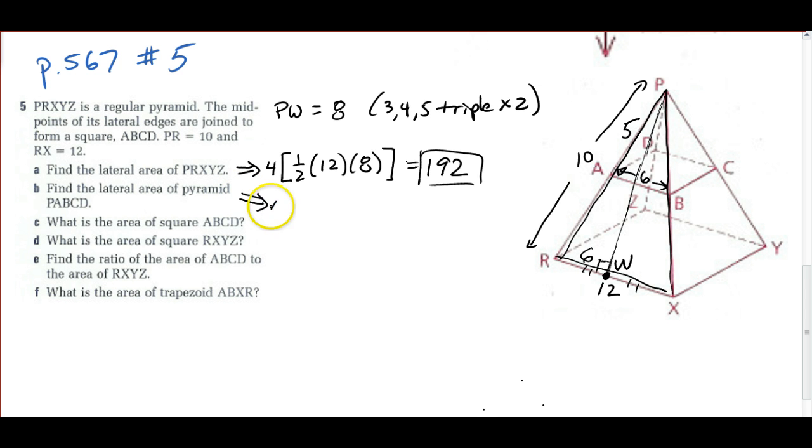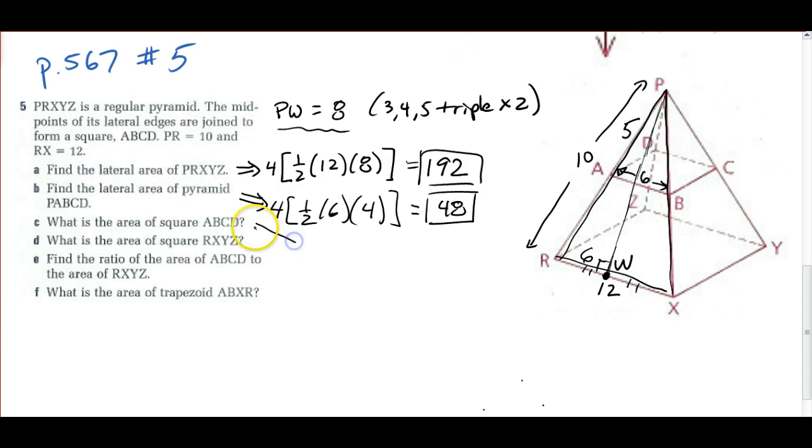It's 4 times the area of a triangle, so 1/2, the base is 6, and the height is half the height of the other one, which was 8, so this height is 4. So 3 times 12... 12 times 4 is 48. And 48 is in fact 1/4 of 192.